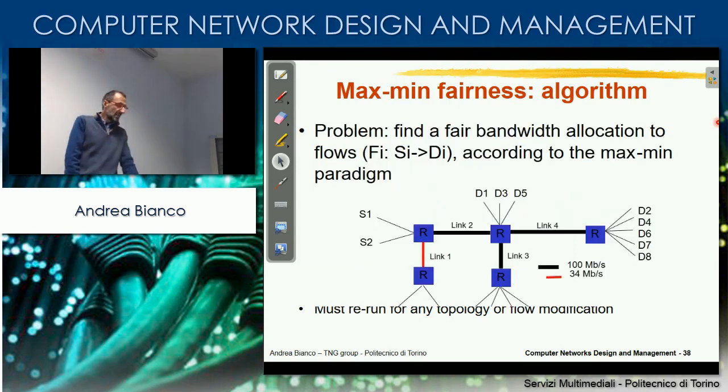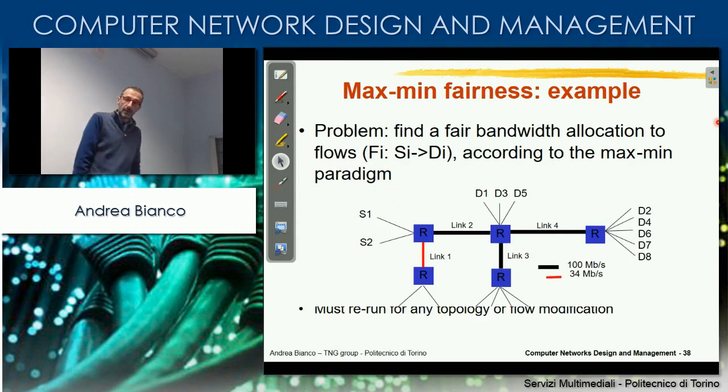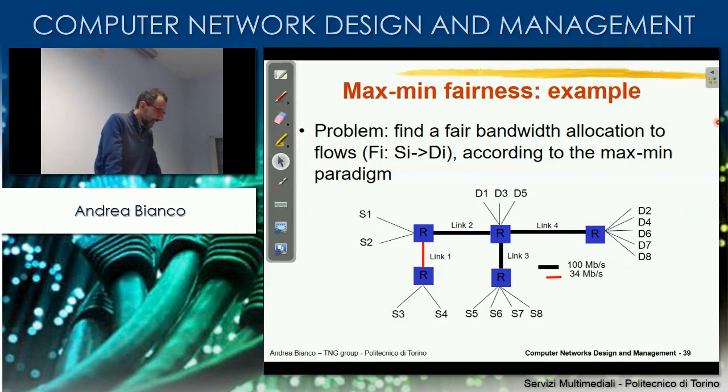Okay? So before we go, I will suggest you to play a little bit with this example. Try to find a max-min fair bitrate allocation to these flows, where the convention is that flow i is a flow which has source Si and destination Di.